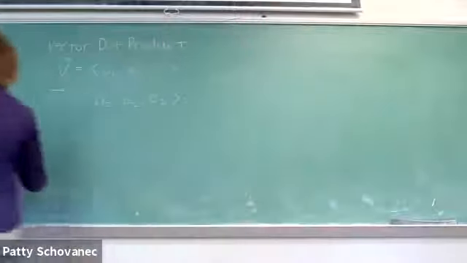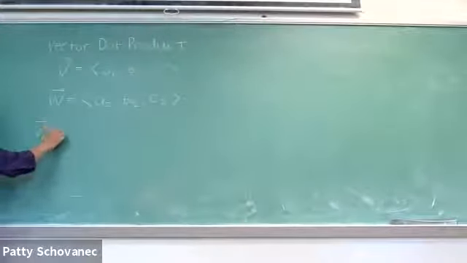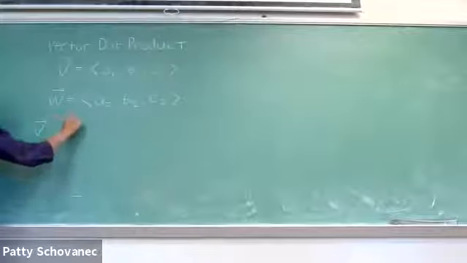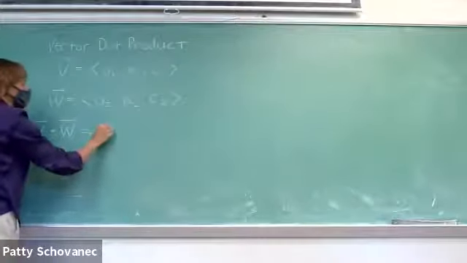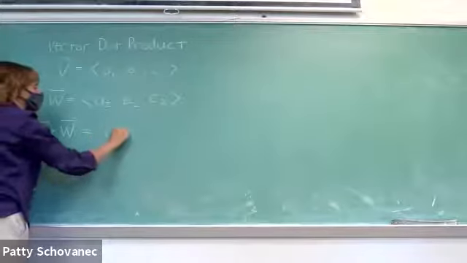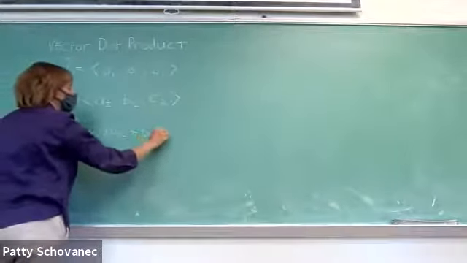The operation V dot W is an operation that produces a scalar. It takes 2 vectors and it yields a scalar. By multiplying the 2 x components together, then you add to it the product of the two y components.